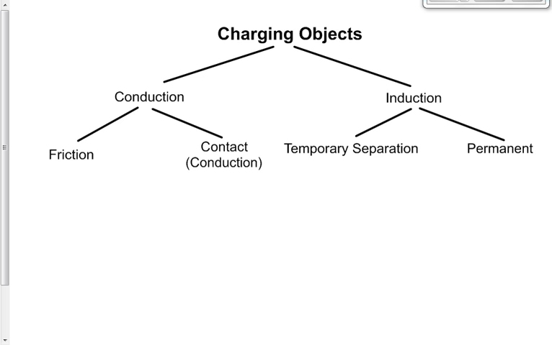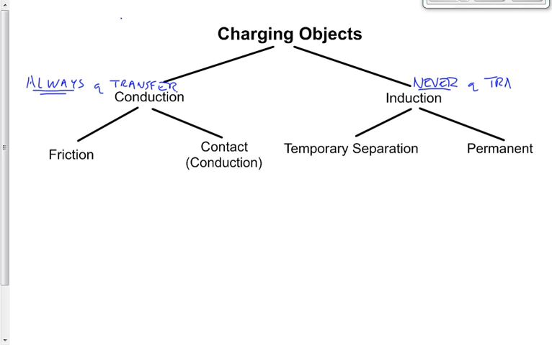Charging by conduction always involves, every single time, a charge transfer. Q means charge, remember, right? Always involves a charge transfer. No exceptions to that. Induction never involves a charge transfer.